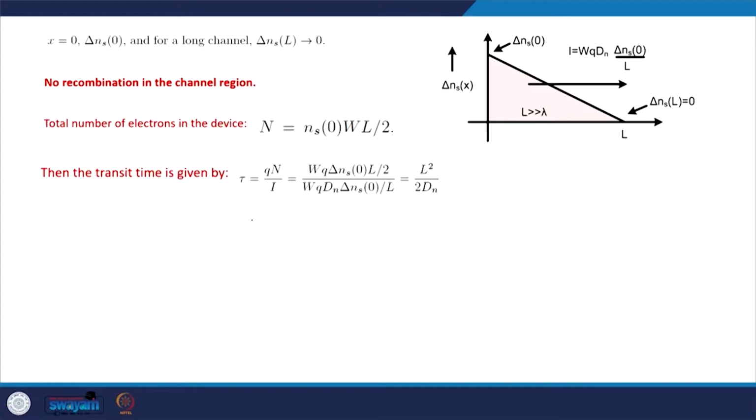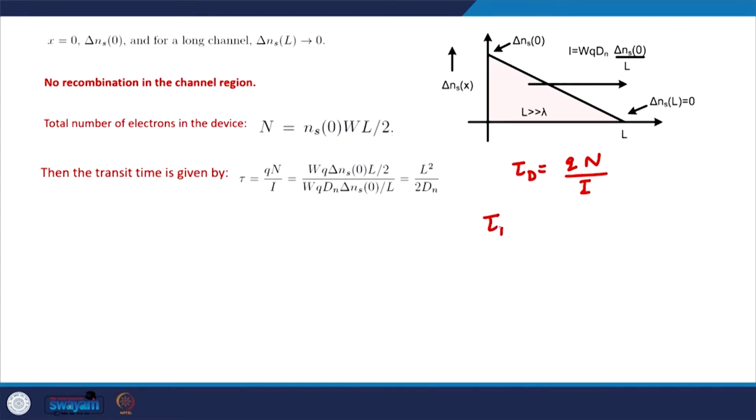this expression for tau. We can essentially use tau is equal to q times steady state electronic population divided by the steady state current. And since we are talking about the diffusive transport case, we will put a D with tau.